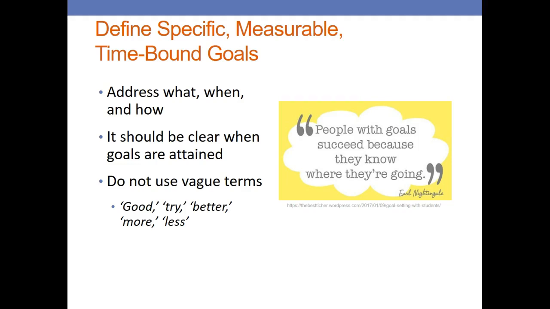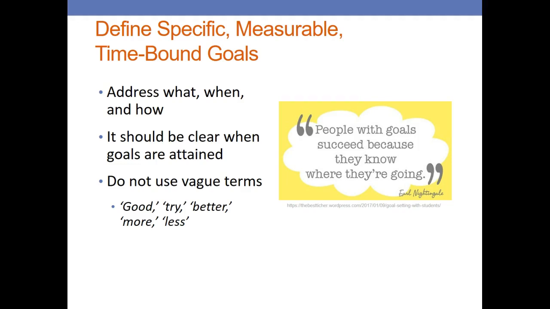And that should be clear to both the client and to you. So you want to work with your clients to determine these details for the goal because it will help your clients to be successful.